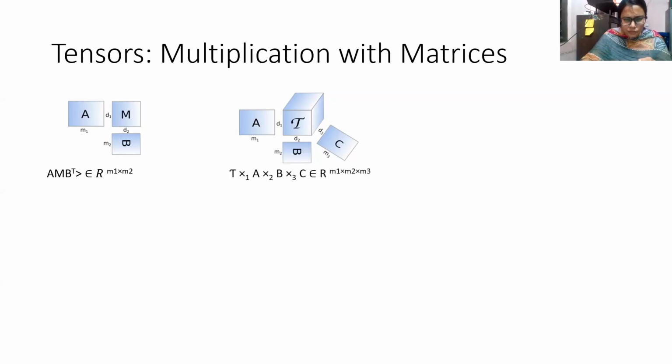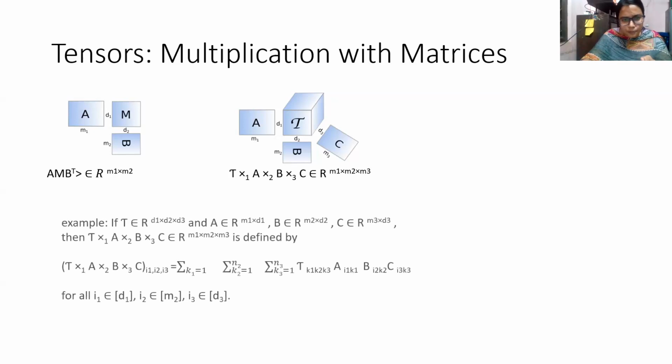Here the tensor is multiplied mode 1 by A, mode 2 by B, and mode 3 by C. This is a big calculation actually, but if you concentrate on it, you will find it very easy.